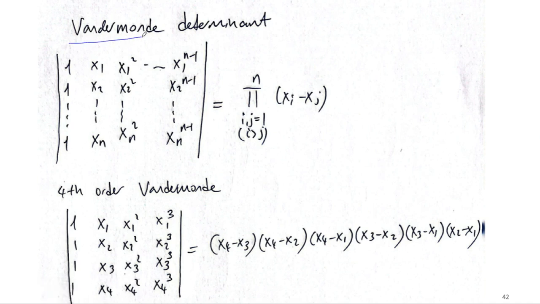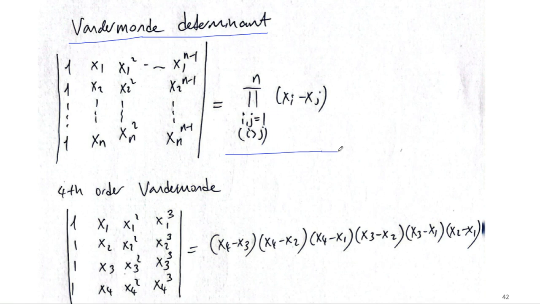There's another special definition. This is the Vandermonde determinant. Basically, it is for this special form of matrix. The calculation of the determinant can be done by this product. This is a general formula for an n by n matrix.